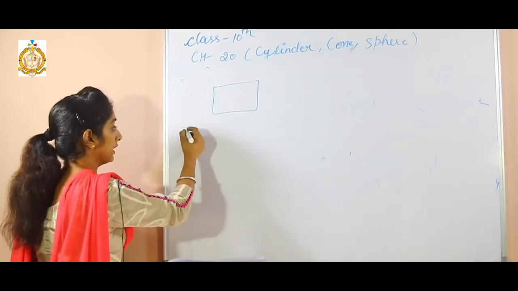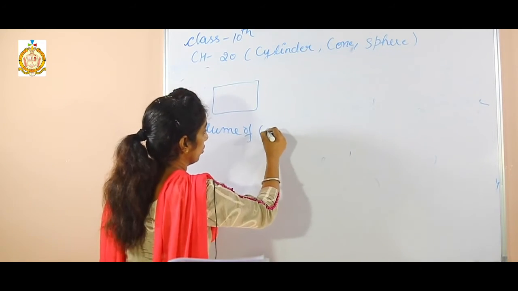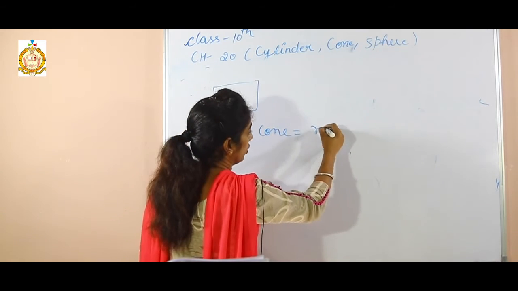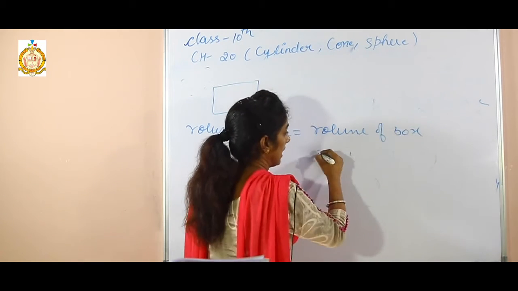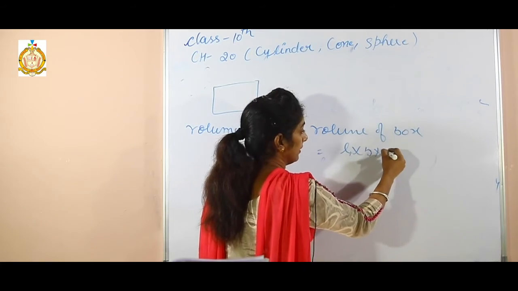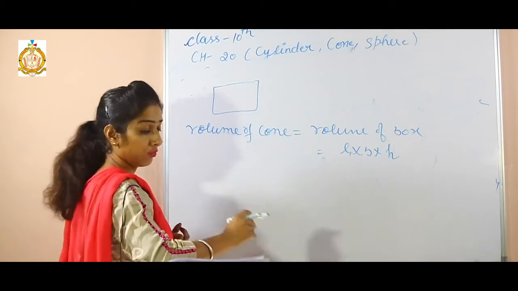So he said, calculate the radius of the sphere. First of all, the volume of the sphere is equal to the volume of the box, that is length into breadth into height. And what is the volume of the sphere?